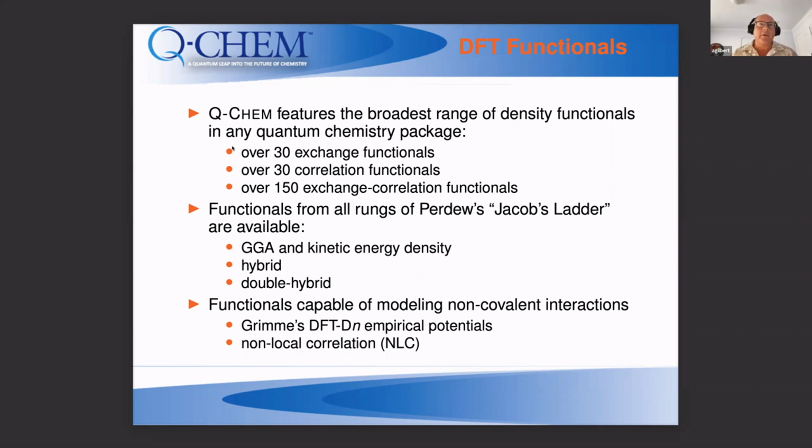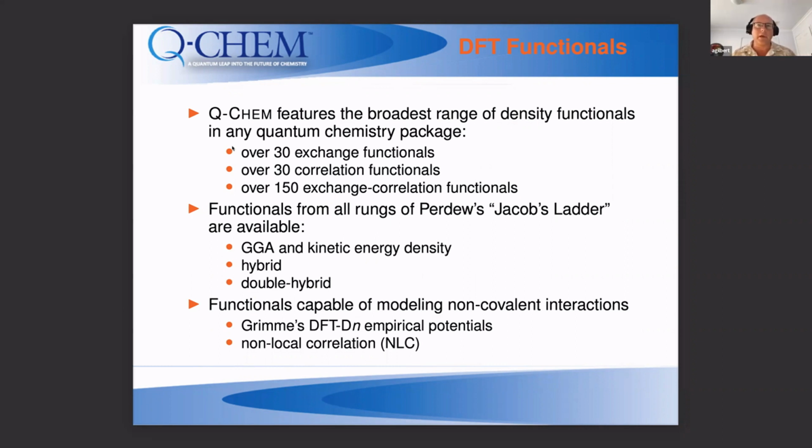Those functionals span the full range of Perdew's Jacob's ladder of functionals: everything from GGAs, meta-GGAs, hybrids, which are very popular, all the way up to the fifth-rung double hybrids, which include parts of MP2 theory to improve on the accuracy there. So we've got the whole ladder covered.